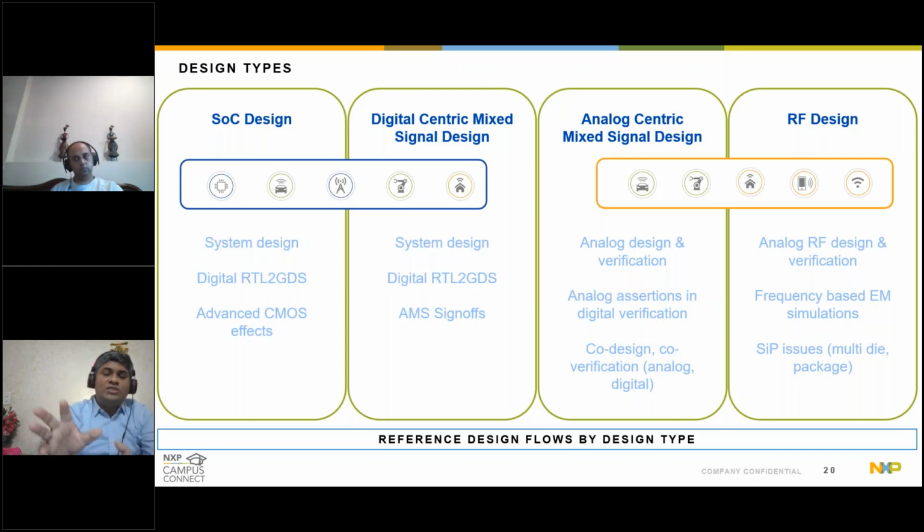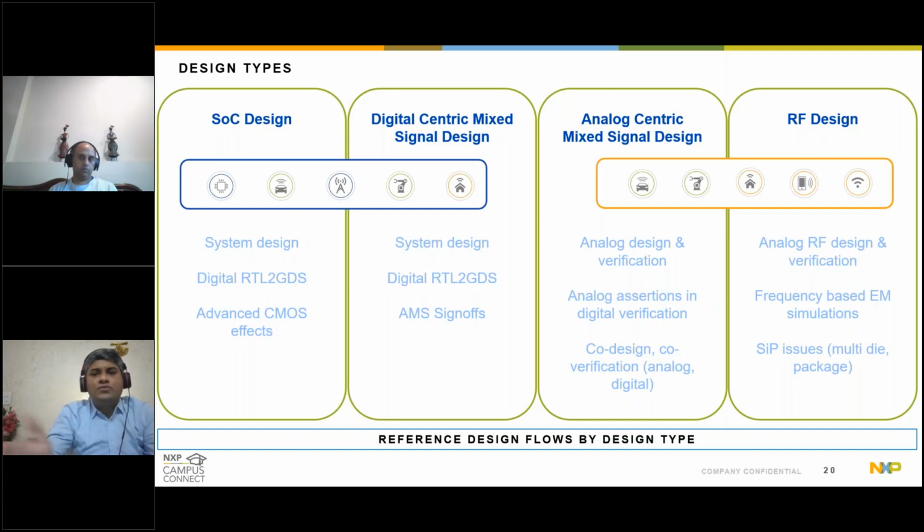Or the third one is analog-centric. The chip itself is analog-heavy or analog-oriented, but it does have some digital content as well for doing certain control aspects and processing aspects. And finally, a completely RF design where you have an analog front end, a radio basically, which is a discipline in itself.